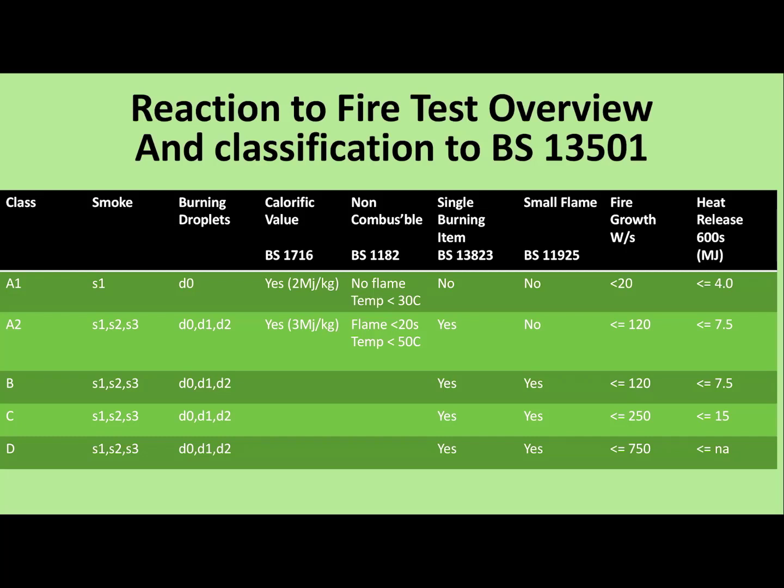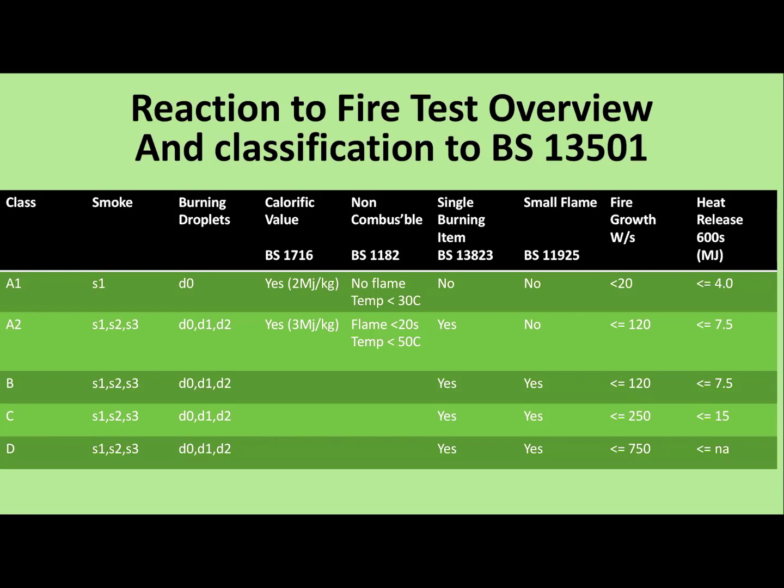Non-combustibility tests, obviously we know about the 50% rule, the 50% mass reduction. It's not allowed to flame, and the temperature of the furnace can't rise above 30 degrees. If it's A2, the temperature of the furnace can't rise above 50 degrees, and it can't flame for more than 20 seconds.